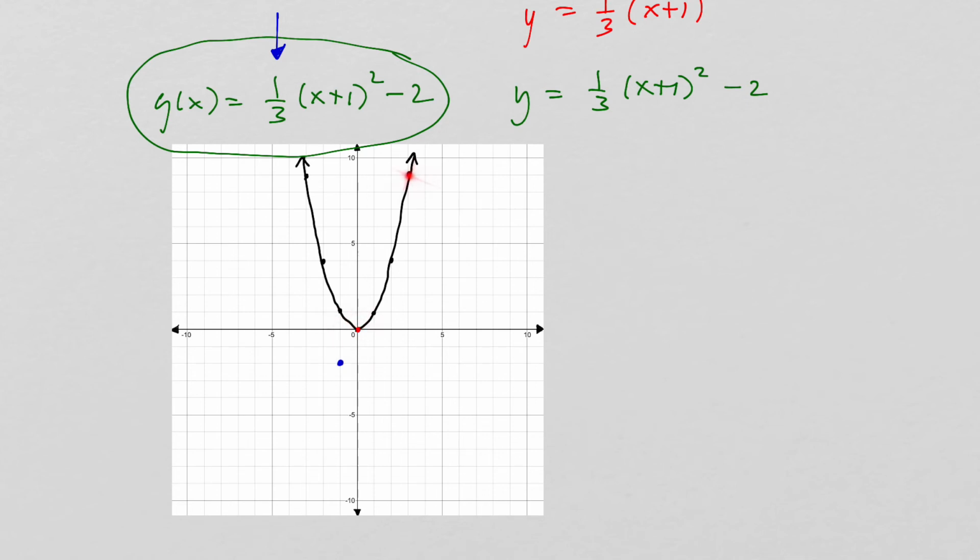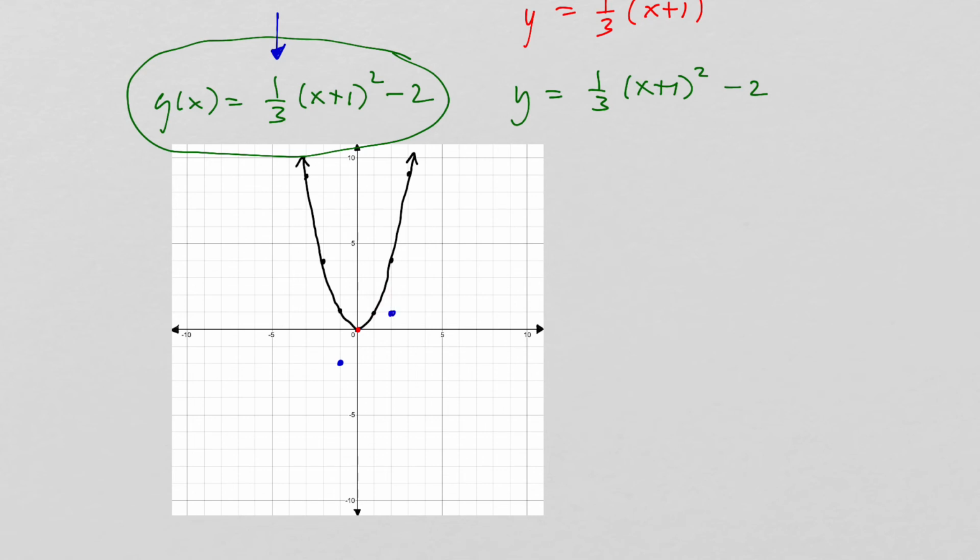Now let's take this point up here. I want you to notice that the y value here is 9. When we vertically compress it by a factor of 1/3, that's going to make the y value only 3, okay? And then now we're going to shift that number to the left 1 and down 2, and that's going to bring us to this point right here.